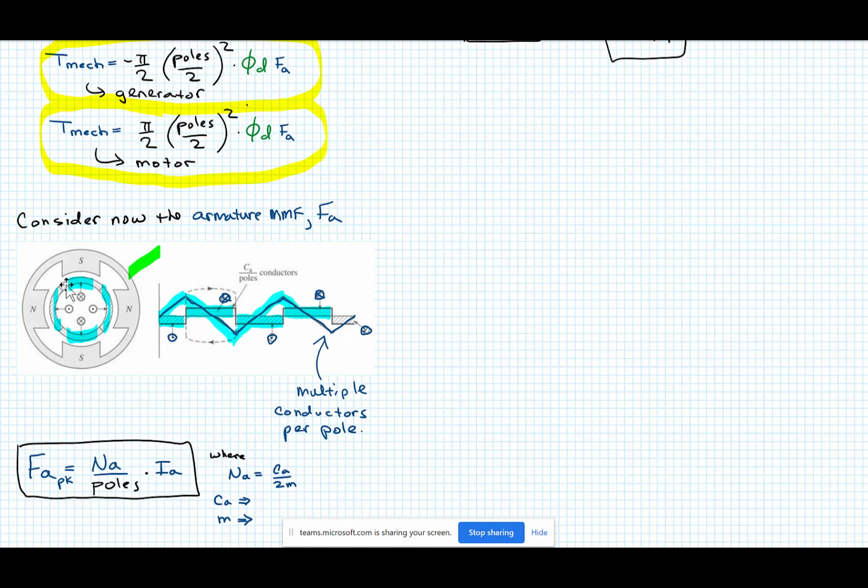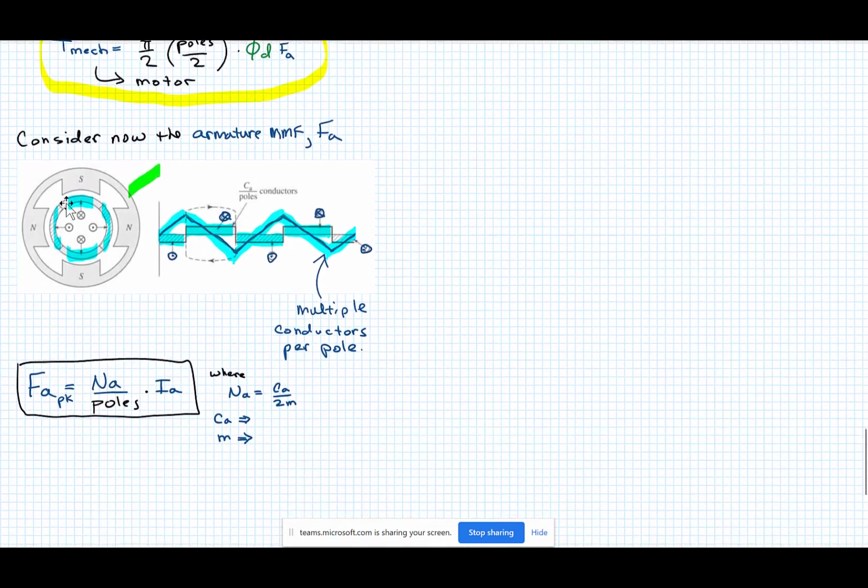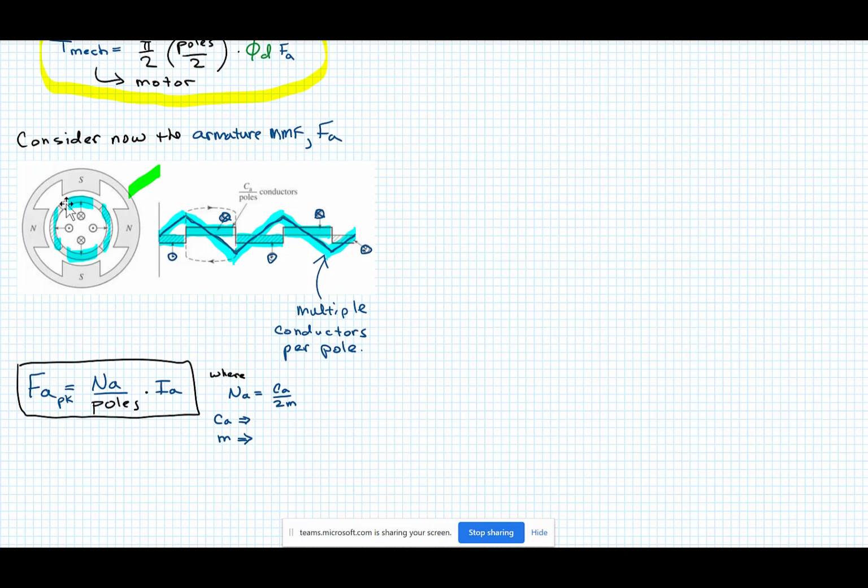We went over this in the last lecture, so if you want to understand that better, you can go review the lecture. But this is really what the MMF looks like. It's a triangle, in quadrature with the flux MMF, and the peak is associated with the conductors per pole.